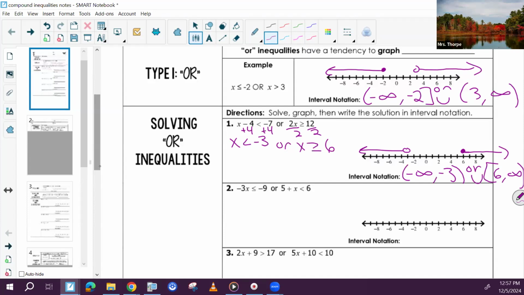Do you have any questions on how we solve that? And jump down to number 3. How would I solve the equation on the left for number 3?